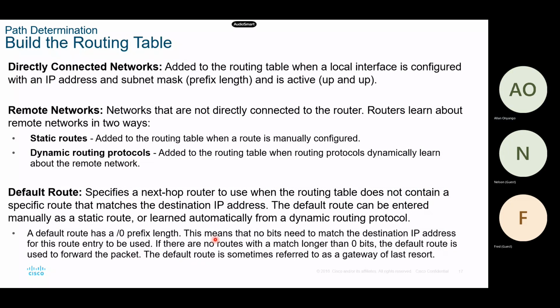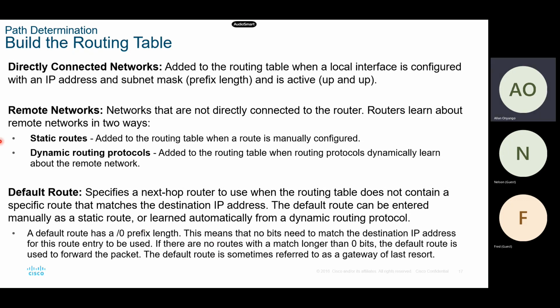Now, a very simple question. How does the router build its routing table? Okay. How does it compute the routing table? That is a very, very valid question for us to ask ourselves.